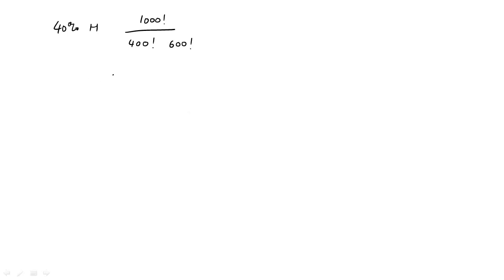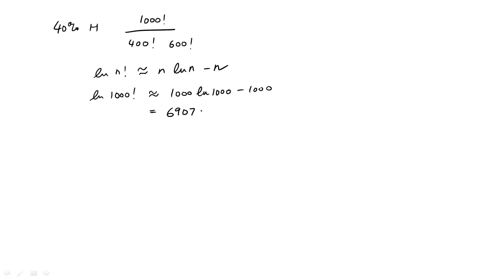The Stirling approximation is ln of n factorial is approximately equal to n ln n minus n. So ln of 1000 factorial is approximately 1000 ln 1000 minus 1000, which is equal to 6907.76 minus 1000, which is 5907.76.